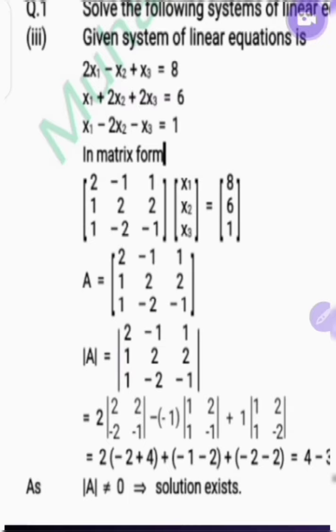Now, I am going to solve the system of equations. If you get the process of expanding the 3 cross 3 determinant, then we will understand the next 3 determinants of 3 cross 3 by the following.